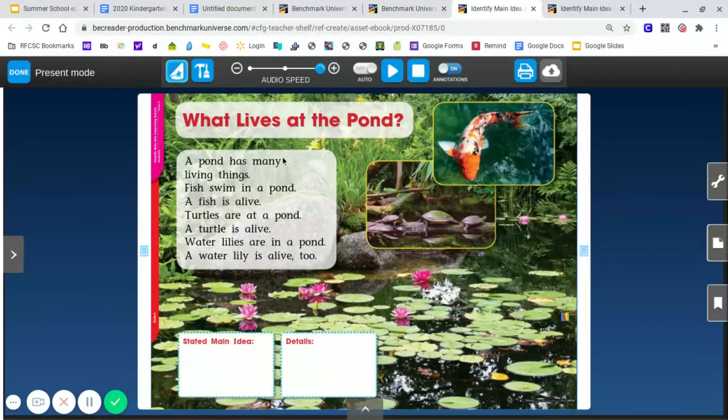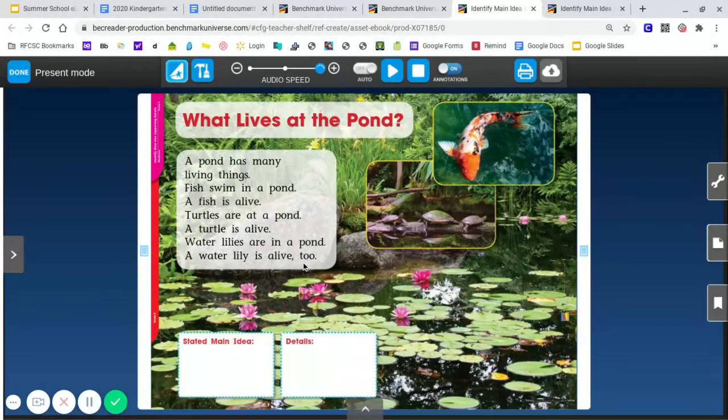Well, if you said a pond has many living things, you are correct. So that is what this text is mostly about. Then fish swimming in a pond would be a detail, and also it being alive. Turtles are at a pond, and turtles being alive are details.